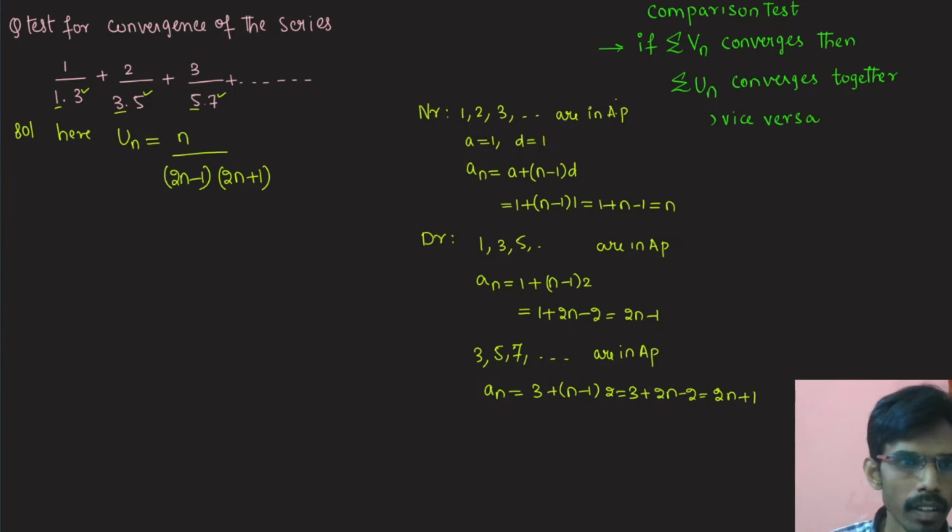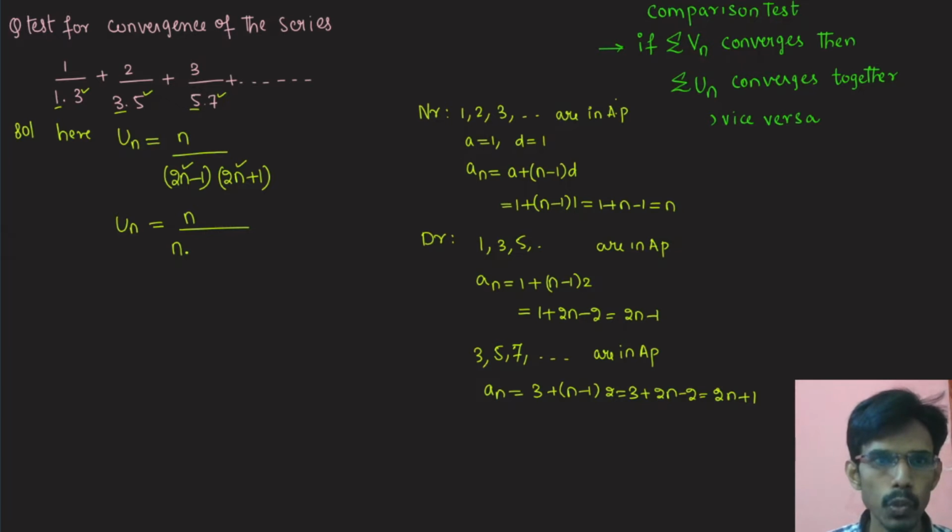Now from denominator take this n common, from the second term also take n common, we have n into n. Now in first term we are left with 2 minus 1 by n.